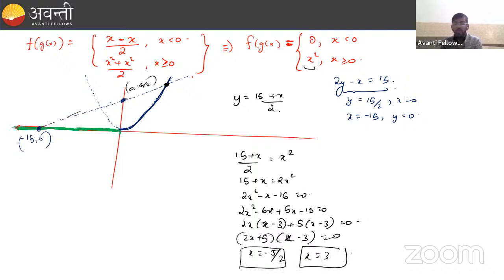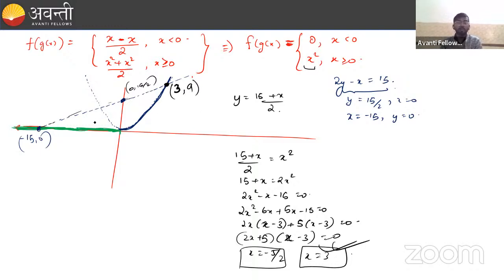Since for f of g of x to be defined as x square, x is positive, we will take the positive value, 3. And when x is 3, y is 9, so this point is 3 comma 9.